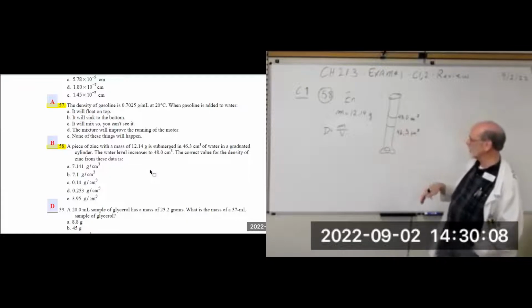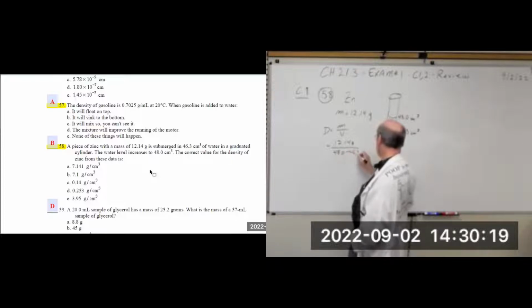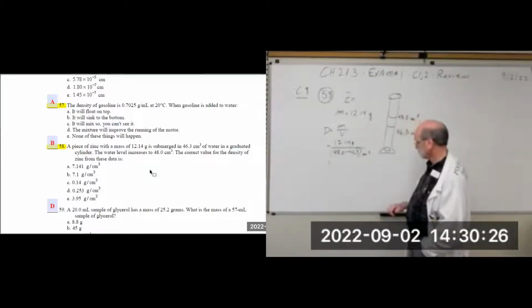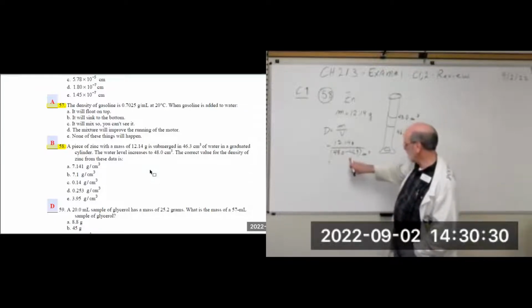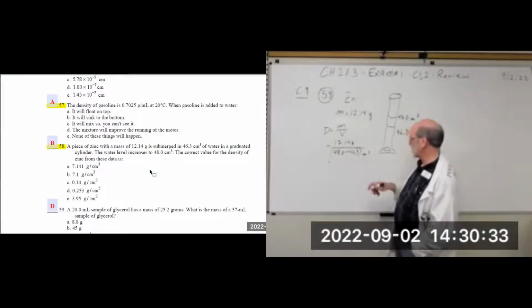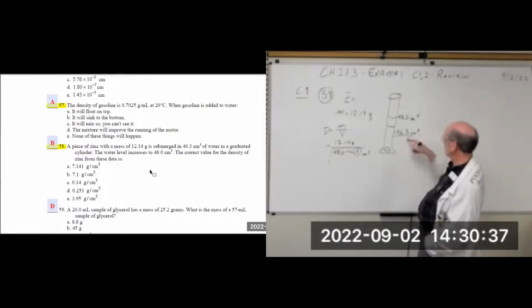48 minus 46.3. So all we have to do is say this, grams, and then 48 minus 46.3 cubic centimeters. We're going to have to do that subtraction. That's 1.7, right?